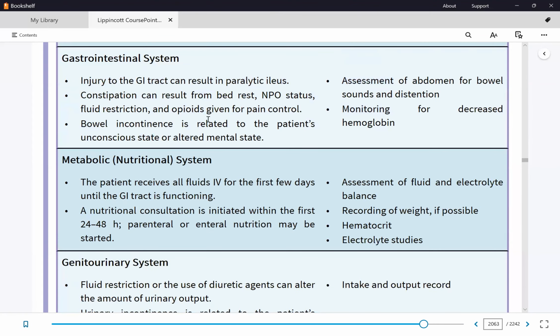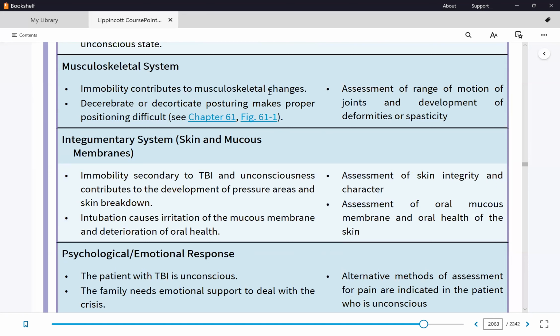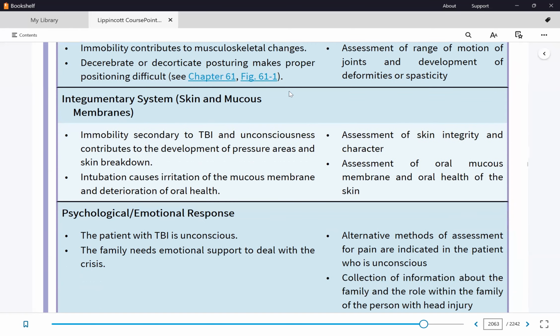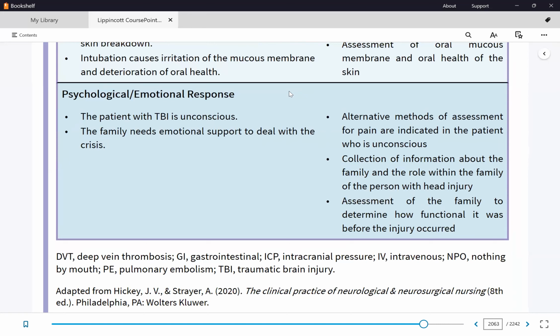Of course, there will be GI effects because if there is less blood flow to the organs, will there still be any bowel sounds? What about kidneys? Will the kidneys also function well? Your respiratory rate and heart rate drop. Okay, so they will all be affected. And of course, the musculoskeletal system, no brain function. Will your muscles be useful? No, useless. And then remember these patients are bedbound.